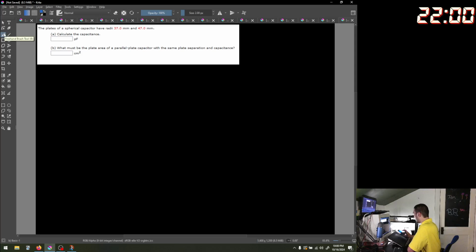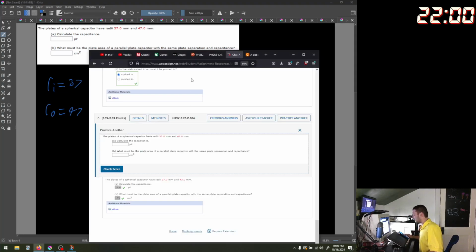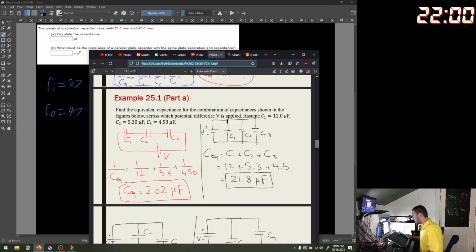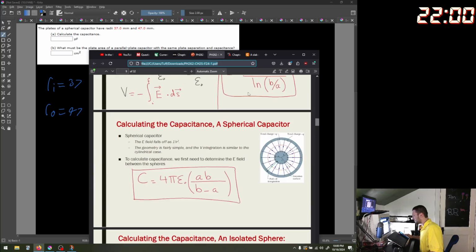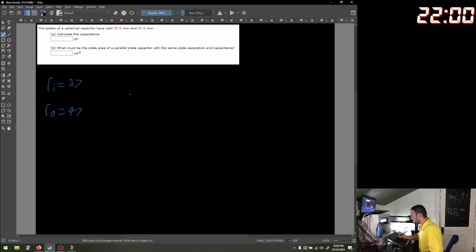Okay, so we're going to have radius inner, radius outer, 37, 47. We want to find the capacitance, and if we look here, we've got one just for this such occasion. C equals 4 pi epsilon 0 A B over B minus A. Yep.